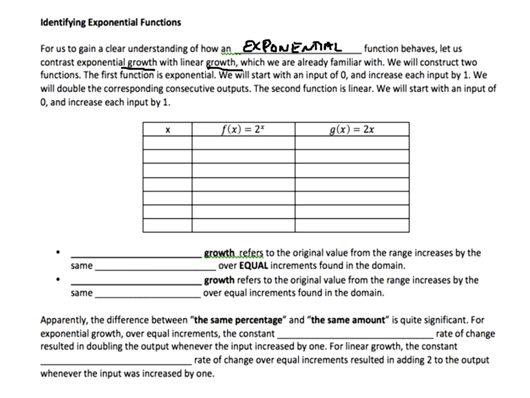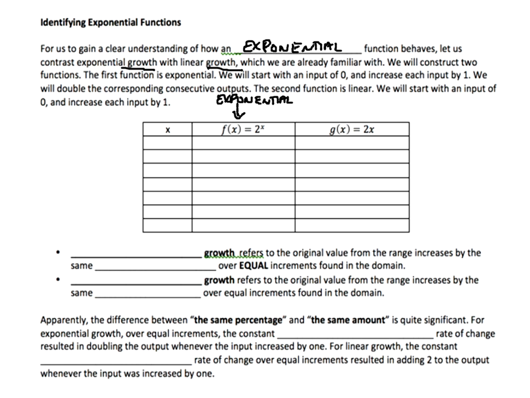So the first function that we're going to look at, f of x, is an exponential function. Notice that the variable is in the exponent. So we're taking some set base, in this case 2, and when we change our input value, it's actually the exponent that is changing.